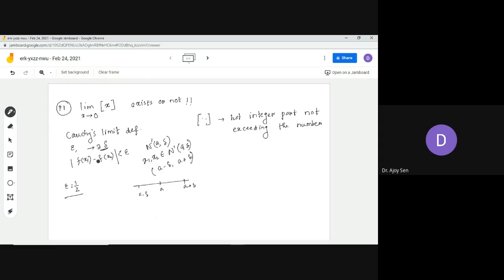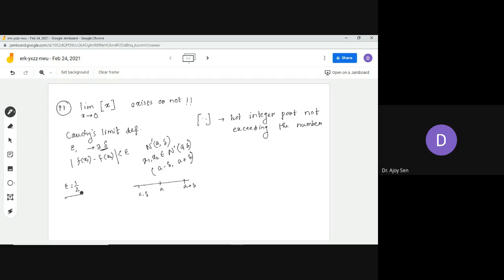You have to choose in such a way that this difference is not less than epsilon whenever such a neighborhood exists. So the limit actually does not exist. You saw the proof, but I am saying you have to prove this through Cauchy's definition. This is the Cauchy's definition, so you have to contradict it. How to contradict?